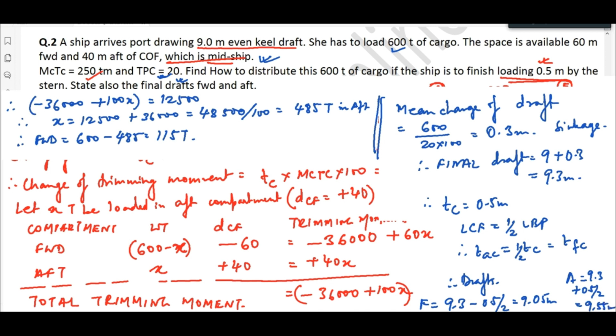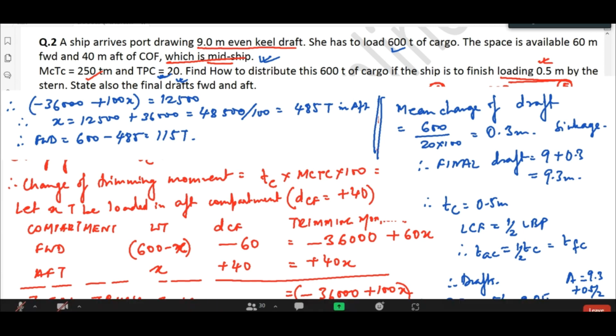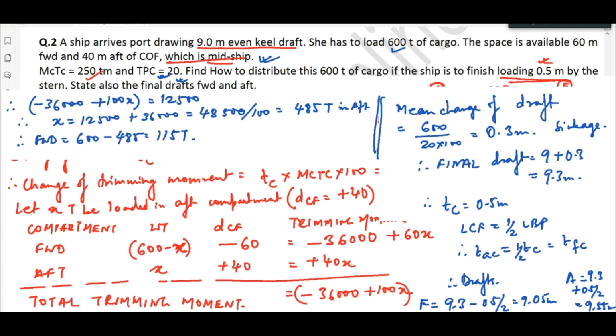A special case. You see, when the center of rotation is midship, then TA is equal to TC into LCF by LBP. So what is the value of LCF by LBP? Center of rotation is midship, so LCF is half of the LBP.